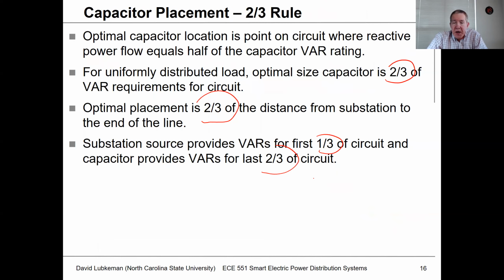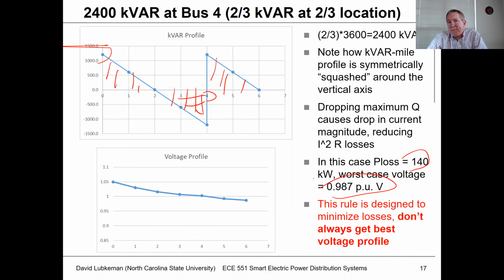And so this would actually be the best result I could get for this particular scenario. Thing to keep in mind is this particular 2/3 rule is designed to minimize losses. It doesn't always guarantee the best voltage profile. It just kind of worked out in this case.